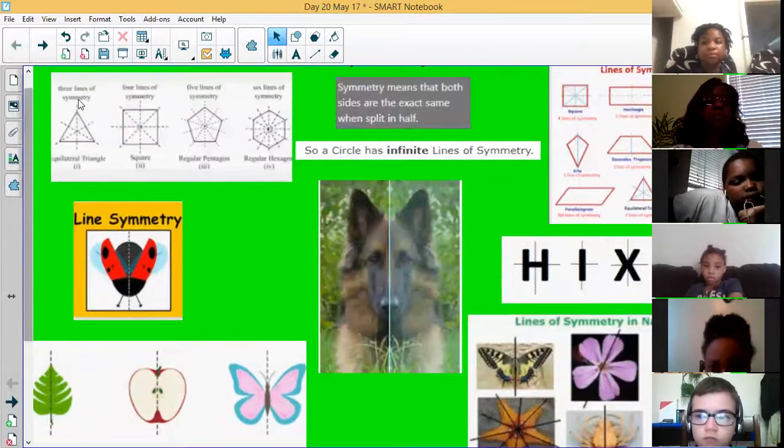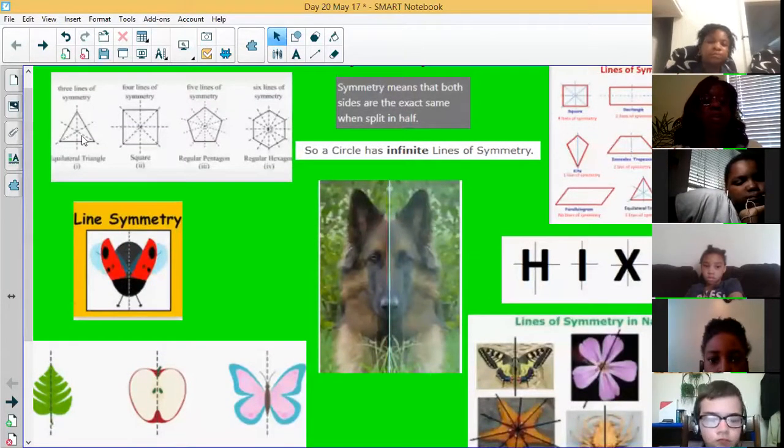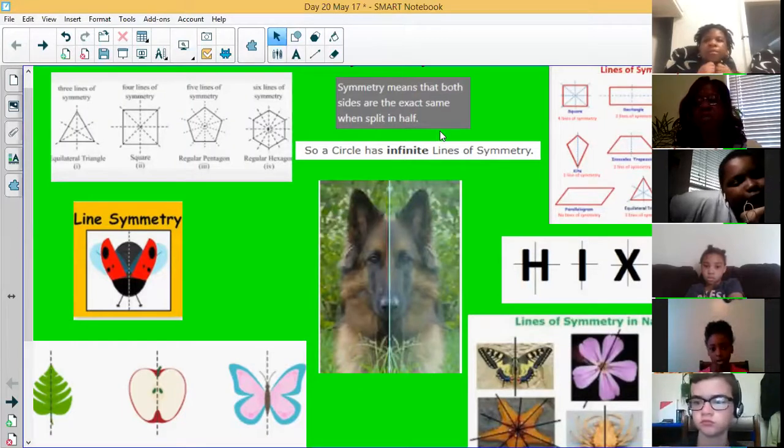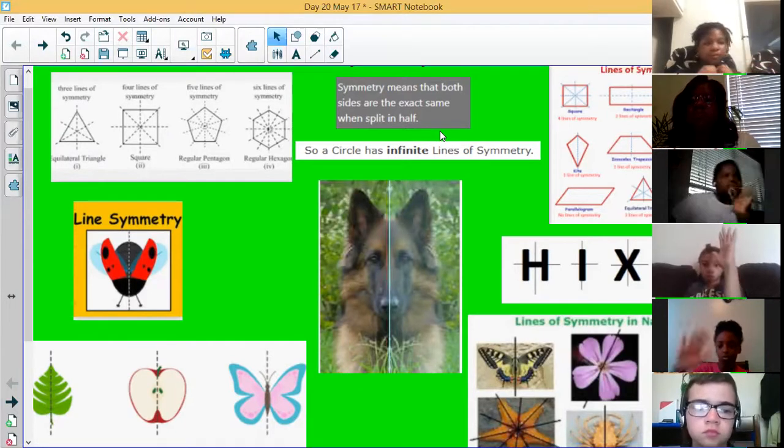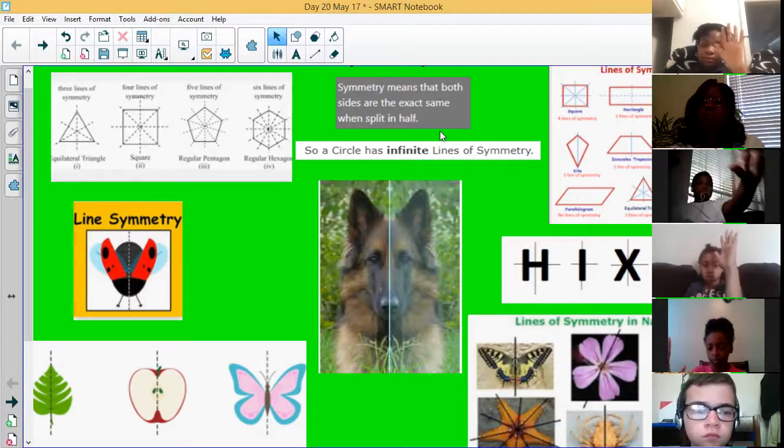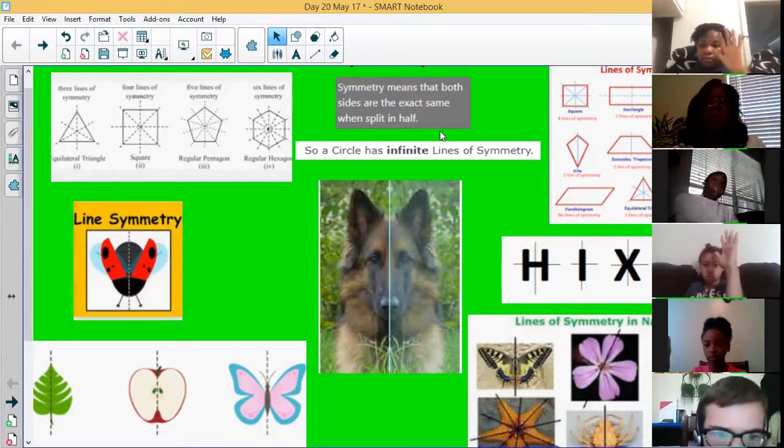Look at this triangle. This triangle here is equilateral. Who can tell me what equilateral means? Let's review that a little bit. Hold on, let me stop sharing. All right, what does equilateral mean? Kaden, what does equilateral mean?